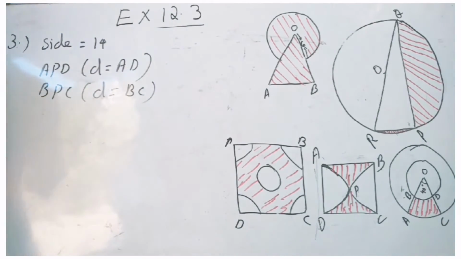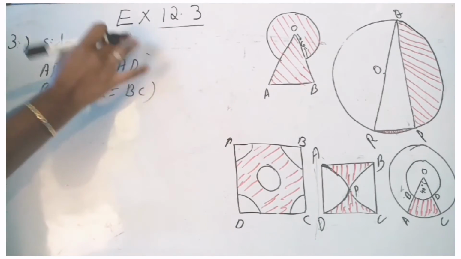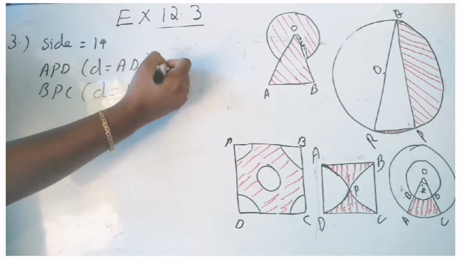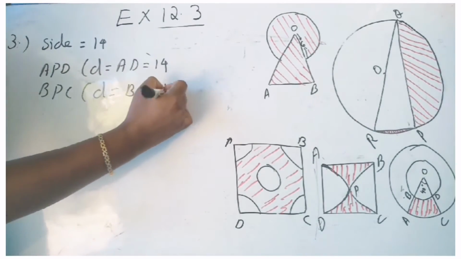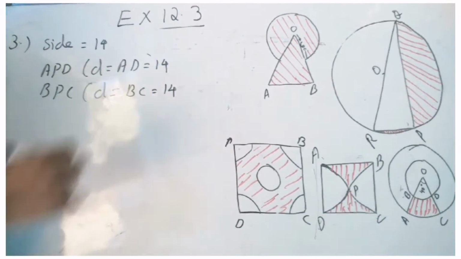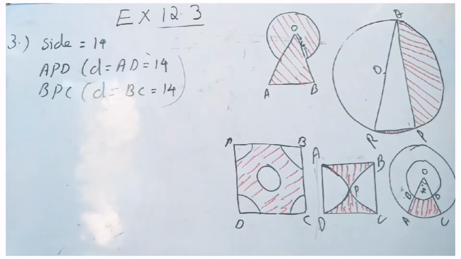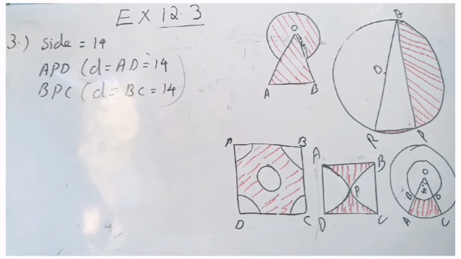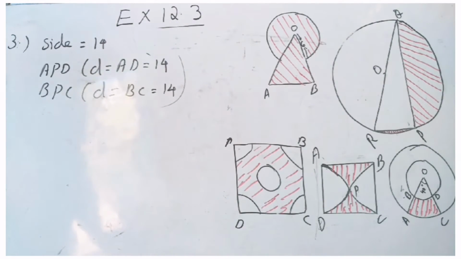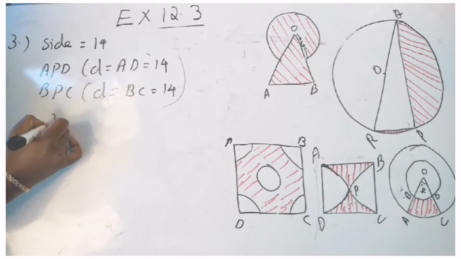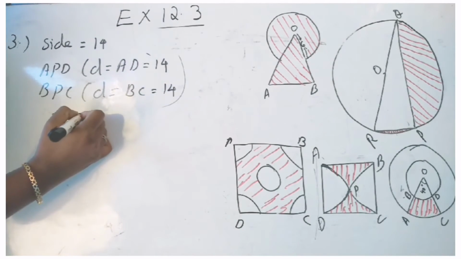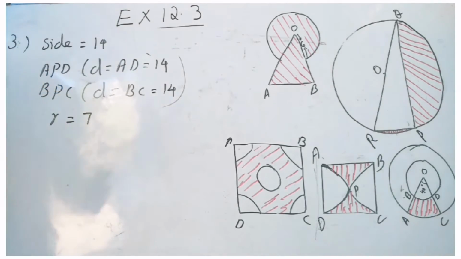It is given that ABCD is a square, that means AD is equal to 14 and BC is equal to 14. So APD and BPC are semicircles with diameter 14 centimeter. So the radius of these two semicircles is equal to 7 centimeter.